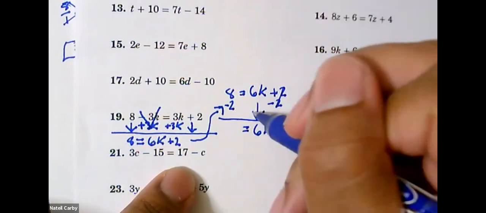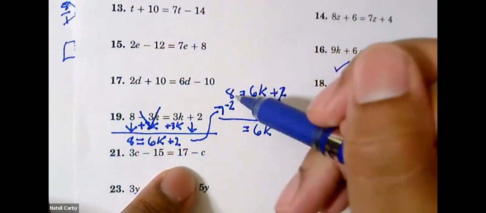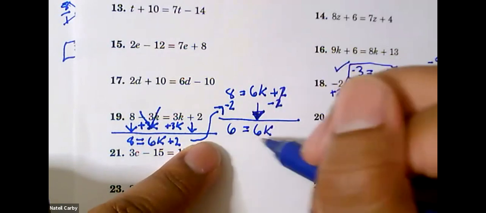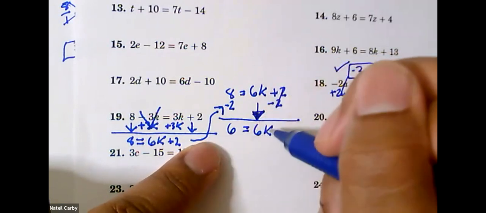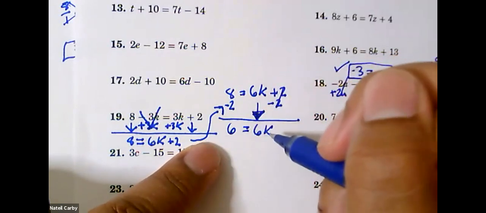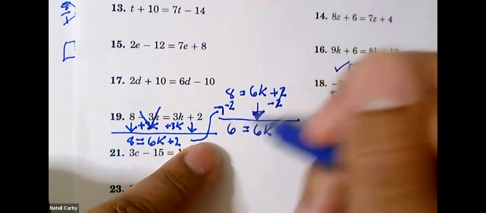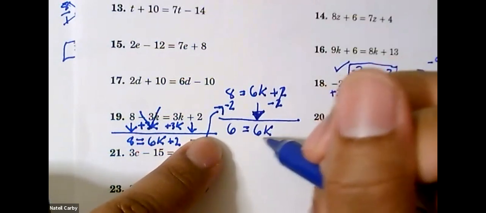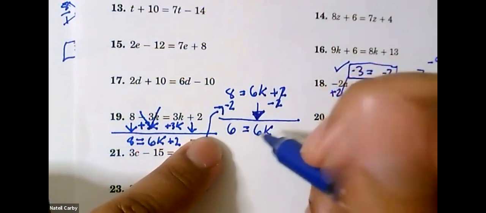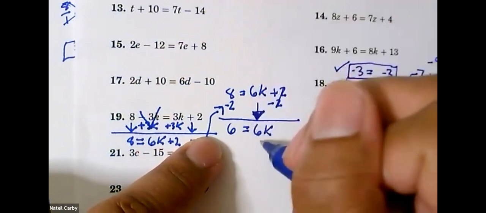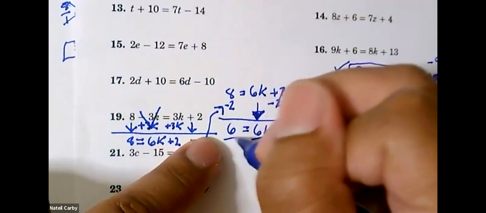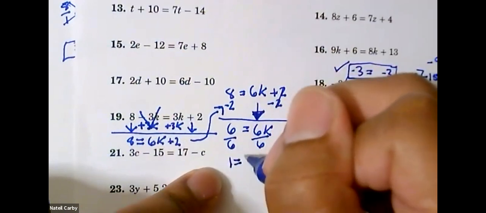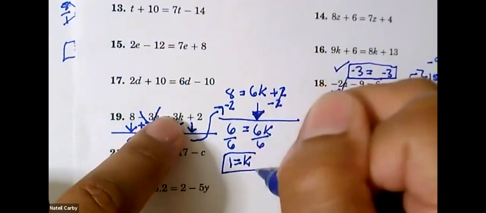Bring down Mr. 6k. 8 minus 2 is 6. Boom, boom, boom. Now I'm in a one-step equation. I got my variable by itself, constant by itself. Now I solve. I don't leave it like this because I don't want 6k. You know you're finished when the coefficient is 1. So I got to divide by 6, and 1 is equal to k.